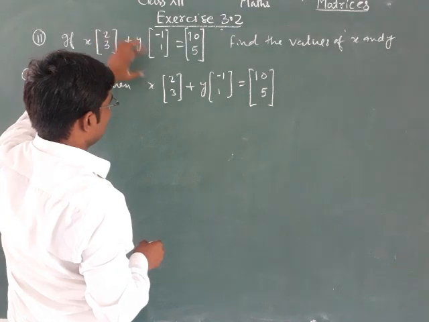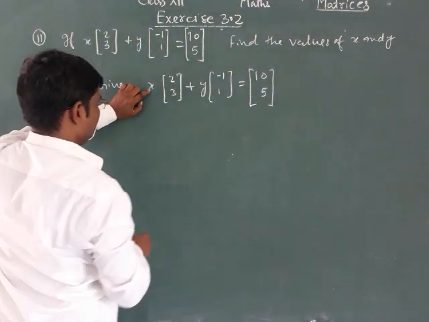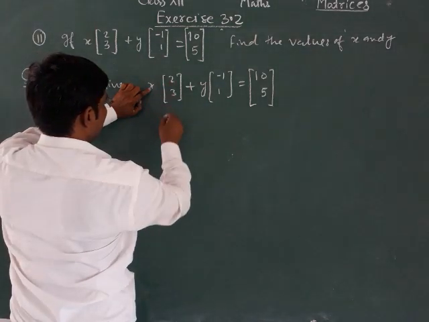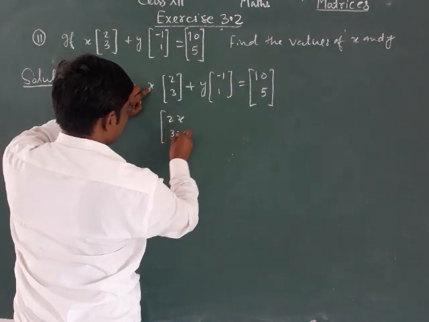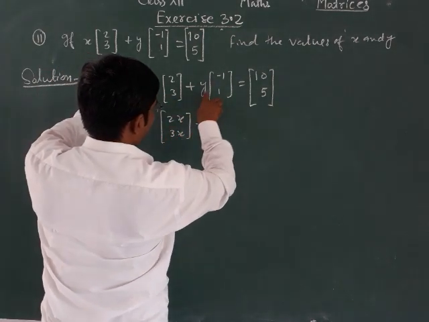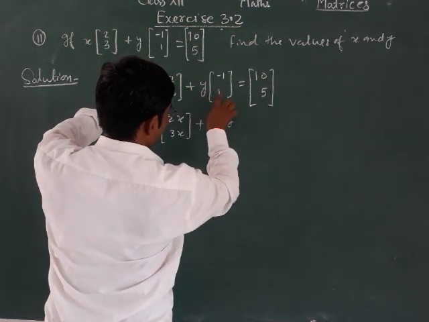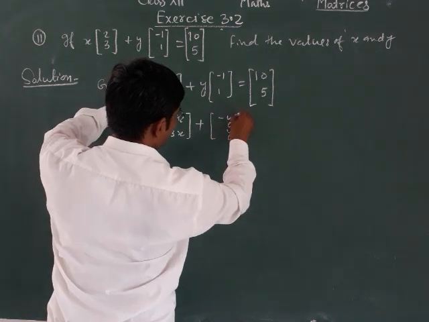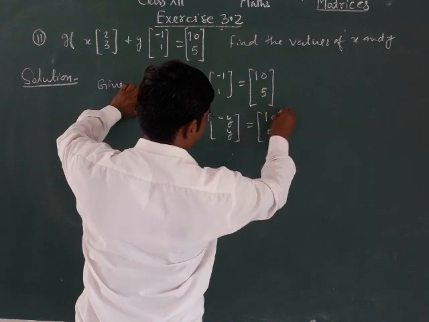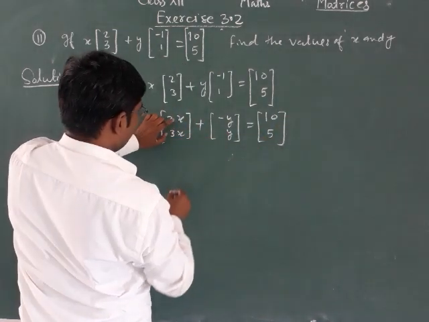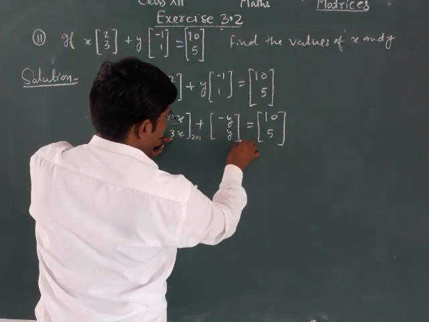Now write here, x multiplied by each element of the matrix. So x into 2 is 2x, 3 into x is 3x, and y multiplied by minus 1 is minus y, and y multiplied by 1 is y, and also [10, 5]. The order of this matrix is 2 by 1 and also 2 by 1.